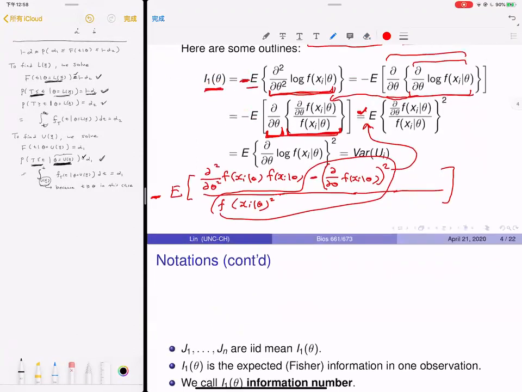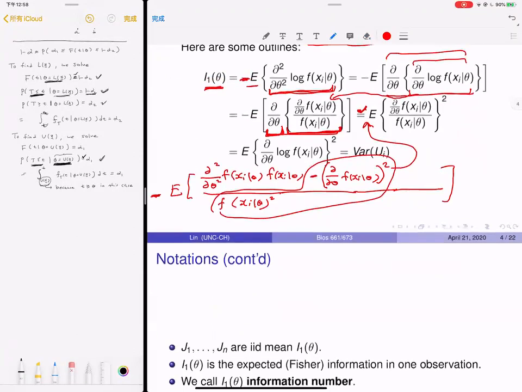Which means your first part, the expected value of the second partial derivative with respect to theta of f(xi; theta), right here, divided by, remember right here you have f(x1), f(xi) cancel out.